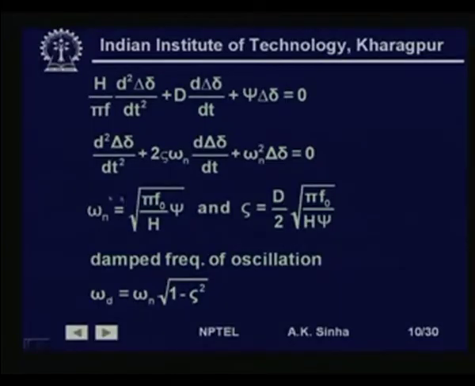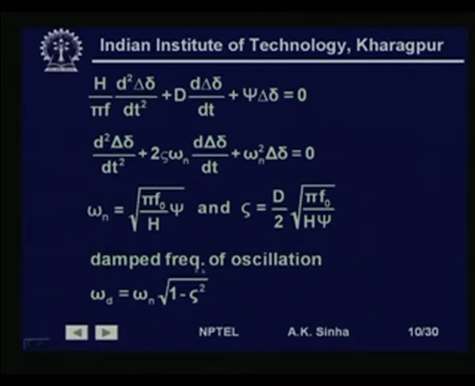Now, if we write this expression in this form, then we will get omega n equal to square root of pi f0 by H into psi, and zeta will be equal to D by 2 square root of pi f0 by H psi, where f0 is the synchronous frequency of the system and D of course is the damping coefficient.